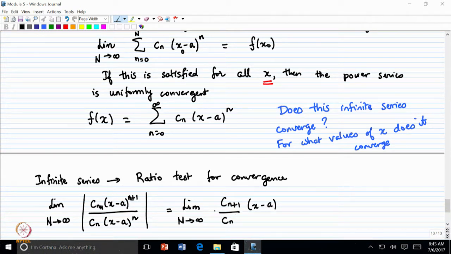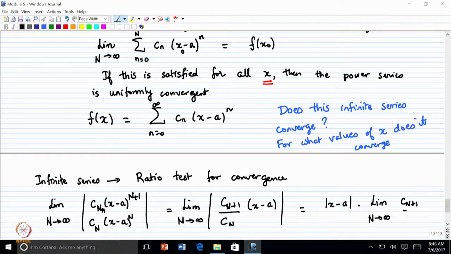I should be a little careful with the notation, this is capital N, so this should be capital N plus 1 over capital N. I can write this as the absolute value of x minus a times the limit as N tends to infinity of C n plus 1 divided by C n.